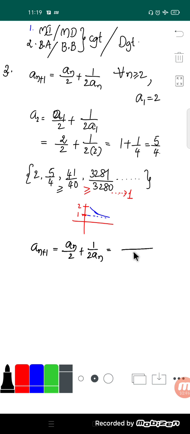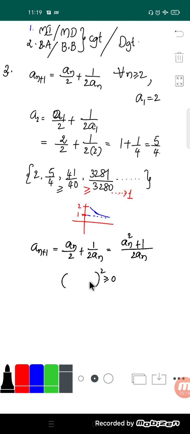If you take 2an as the denominator, the numerator becomes an square plus 1. Okay, keep that in mind. But you see here, any real number which is squared is always greater than or equal to 0.